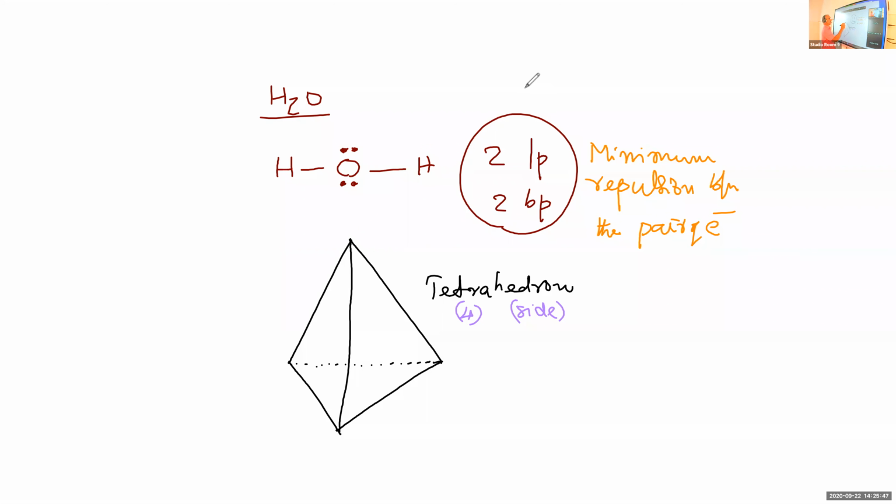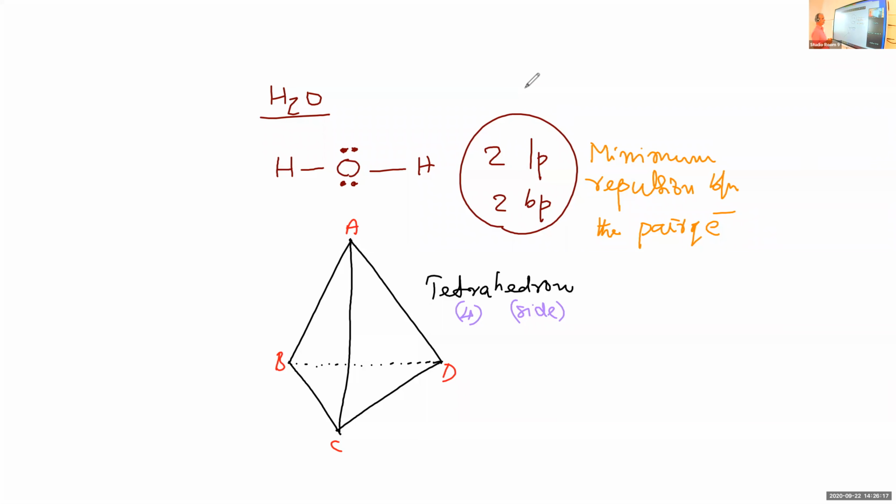Let us say what the sides are in the given structure. Say you mark this as A, B, C, D. It is a 3-dimensional figure. All these 4 atoms A, B, C, D are not lying on the same plane. Consider the triangle ABC, that is the rear side.